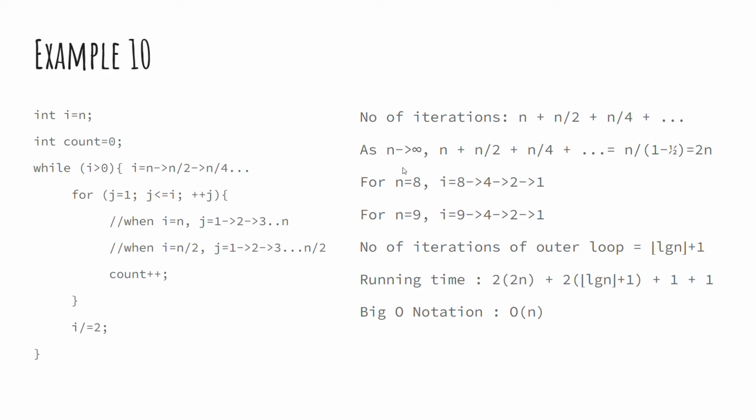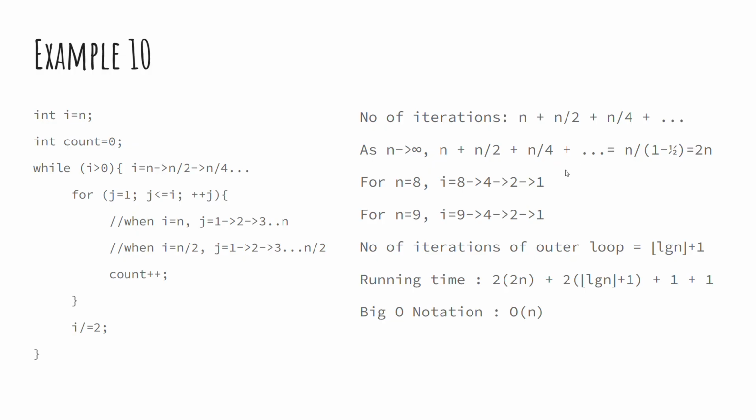As we already know, big O notation is trying to find the time complexity for large values of n, or large inputs. So as n tends to infinity, this series n plus n by 2 plus n by 4 will become longer and longer. It could grow all the way up to 100 values, or 500 values, or even longer than that.